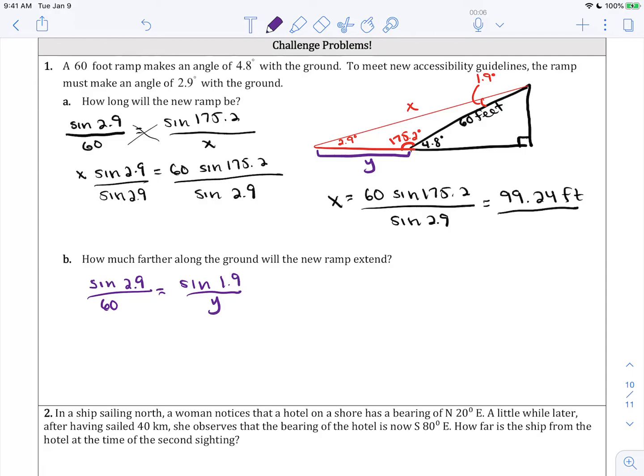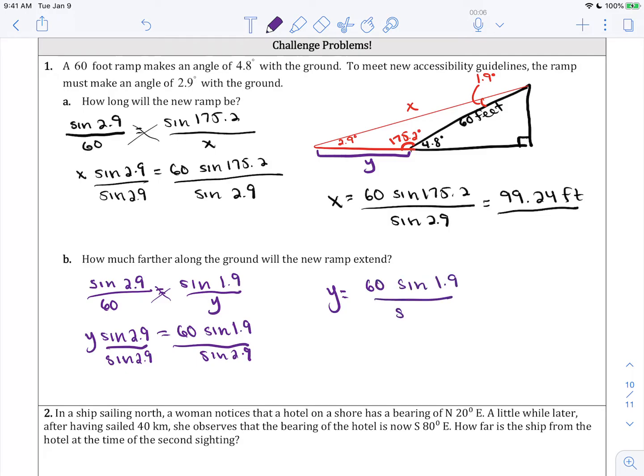Okay, cross multiply like I did with the last problem. y sine 2.9 equals 60 sine 1.9. Divide by sine 2.9. So I have y equals 60 sine 1.9 degrees over sine 2.9.